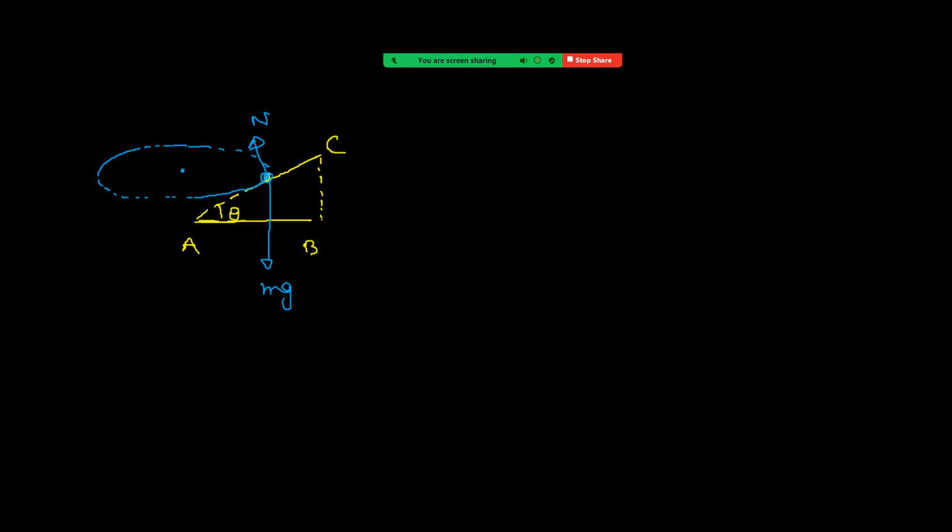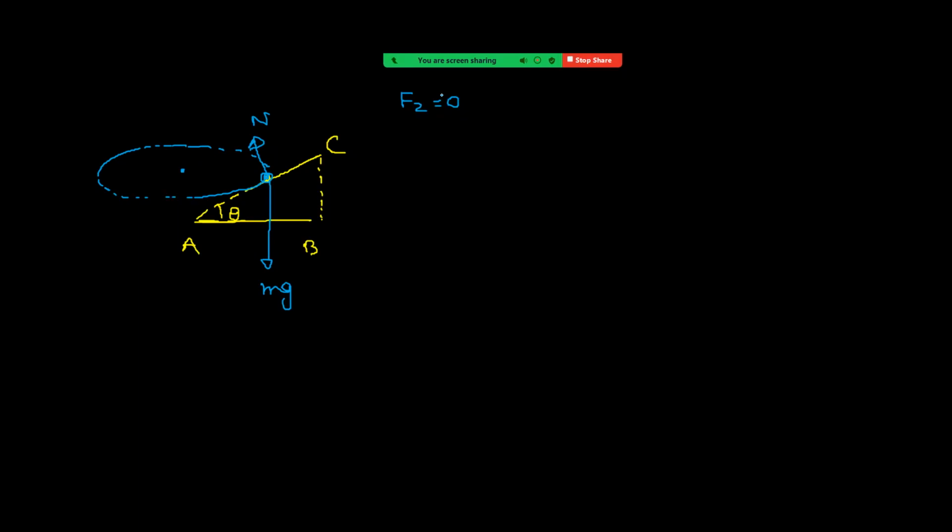So first we focus on which force we have to resolve. This is the plane of the circle. mg is normal to that plane, and we have learned that along the z direction the net force must be equal to 0. Z in the sense we have taken the circle to be in the xy plane. Therefore, normal to the plane of the circle is the z axis.